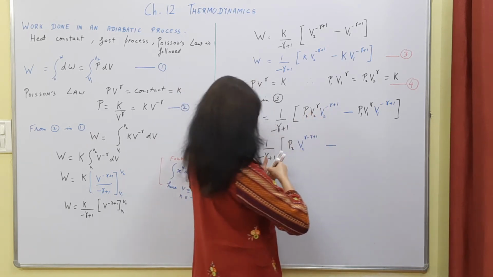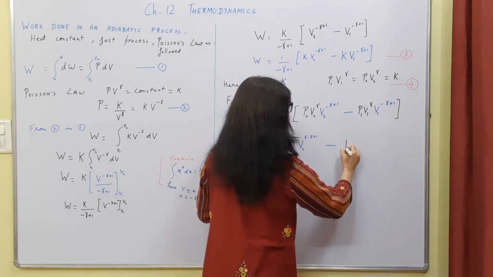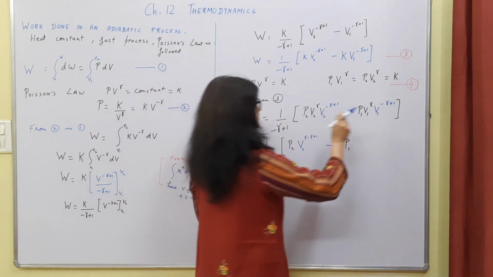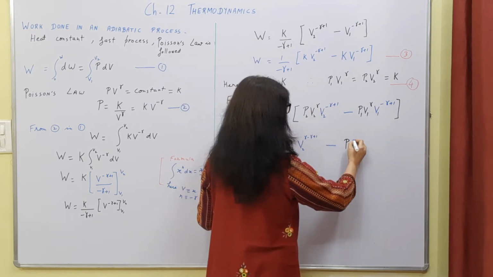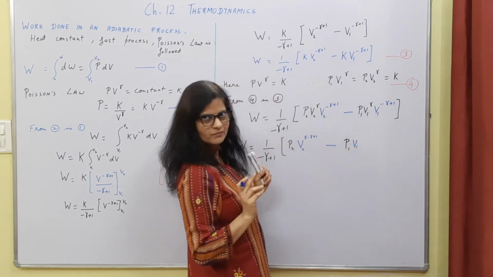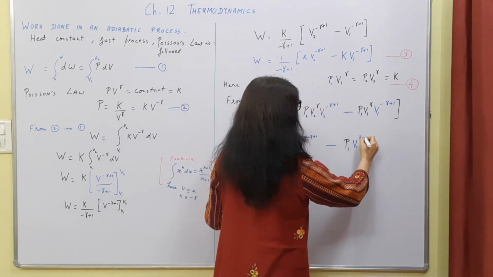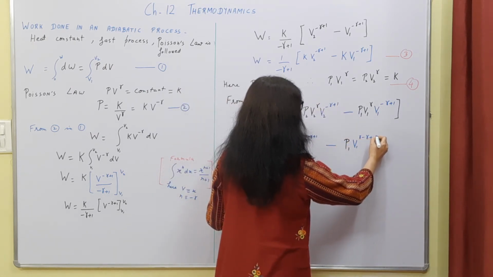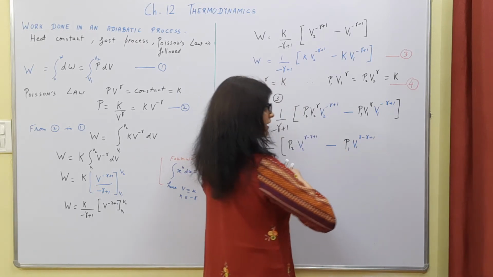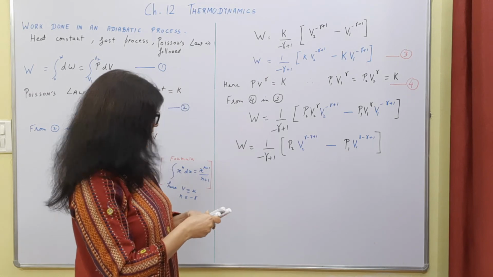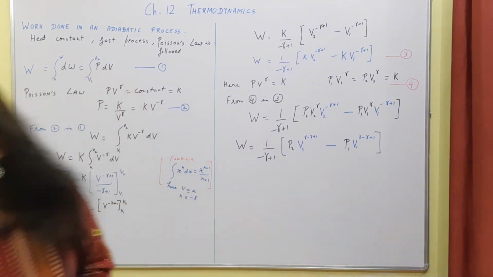Now here p1 as it is, and next term has v1 same, so we can write down v1 to the power, the exponents will be added, that means gamma minus gamma plus 1, right? As simple as that. Now just check out, can it be simplified?